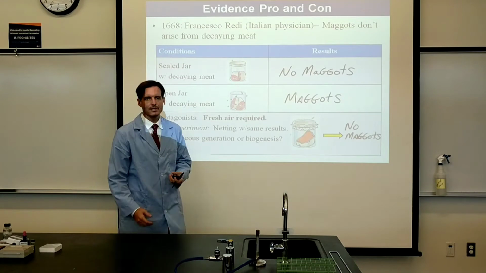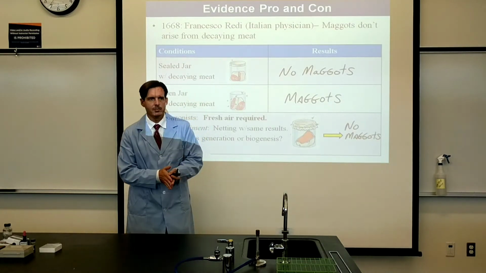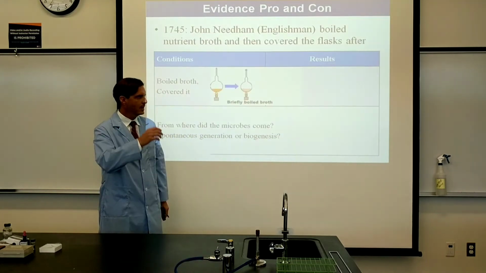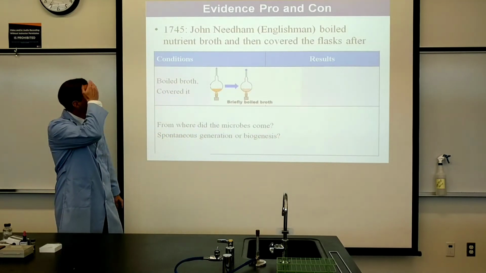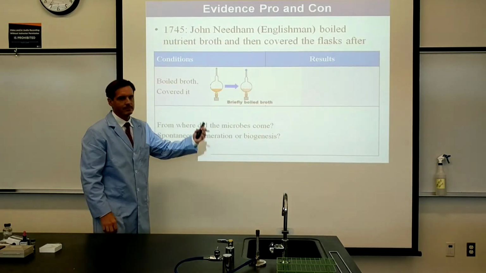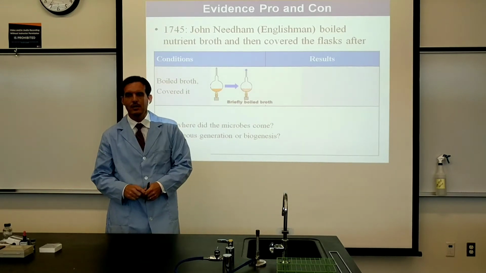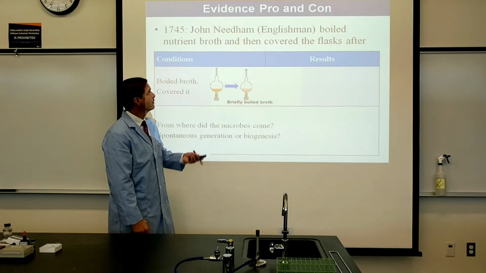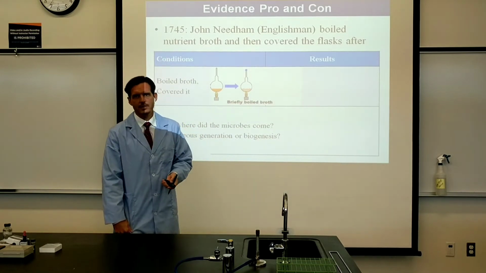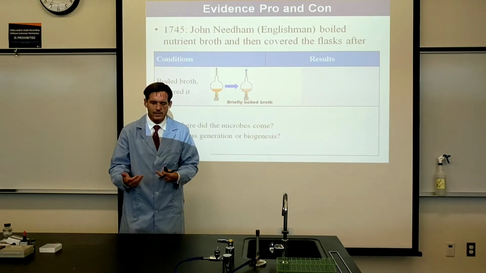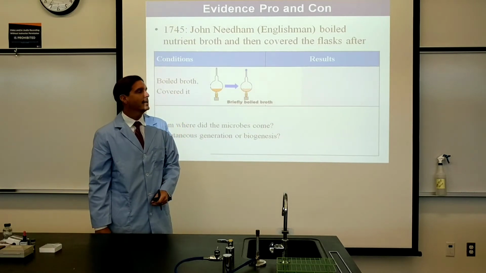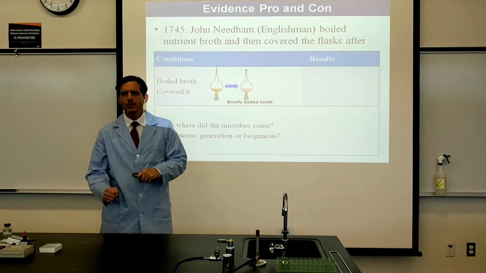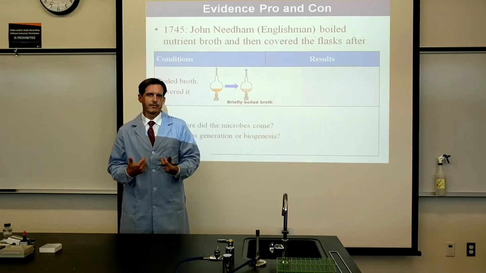All right, but he wasn't the only scientist during this time period and forward that wanted to address this particular topic. John Needham. This was a man that was famous in England, and quite a bit later, 1745 versus the 1600s. So mid-1700s, Needham had tried to do some experiments with broth. And broth can grow bacteria very easily.